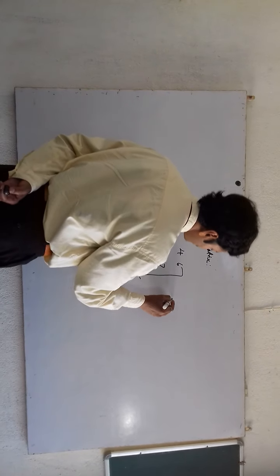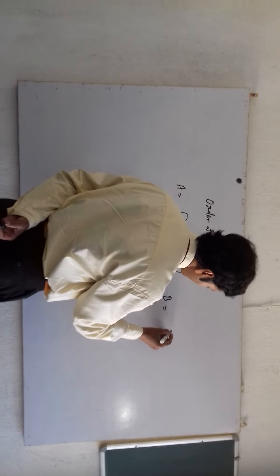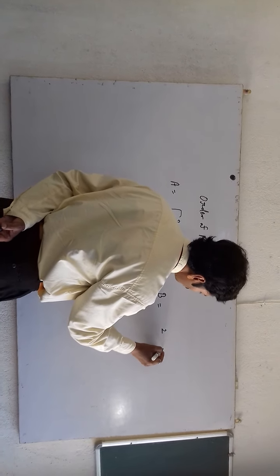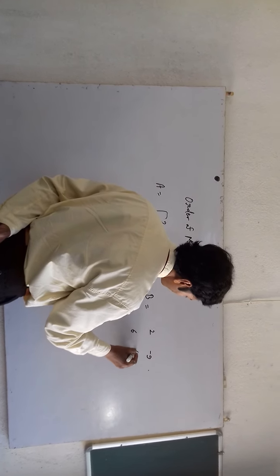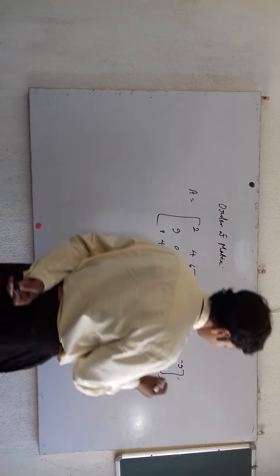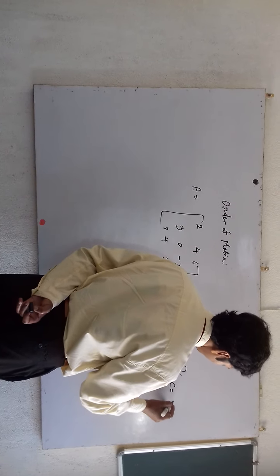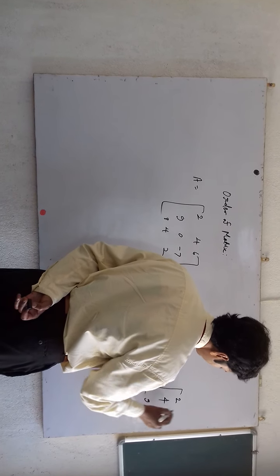The second matrix is B and the elements are 2, minus 9, 6, 4. And the third matrix has the elements 2, 4, 9.